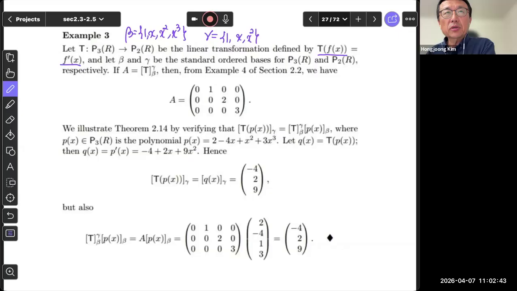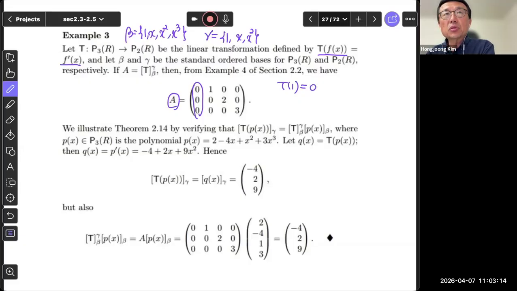And we already considered how to find this A matrix. Please remember that the first column represents the coefficients when T of 1 is used as a linear combination of the vectors in gamma, right? This is T of 1. What is this? The derivative of the constant function 1 is 0.